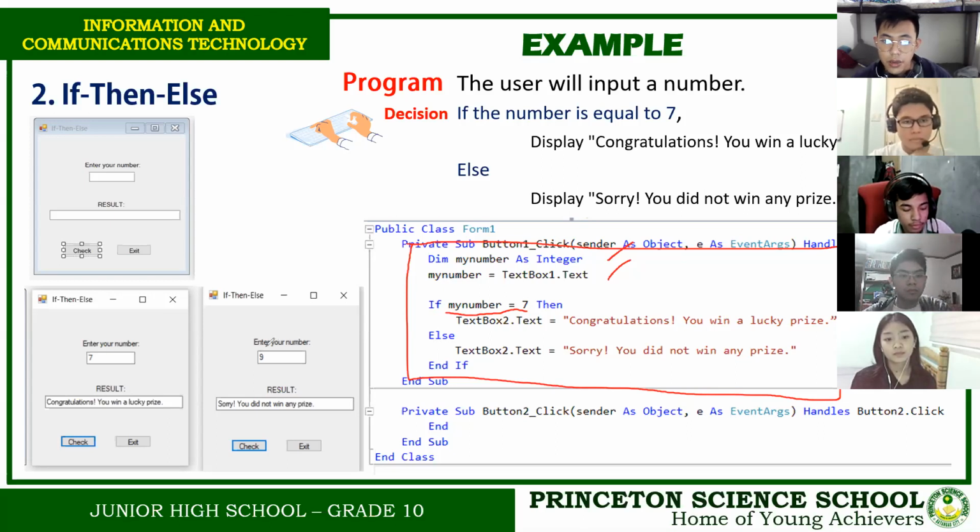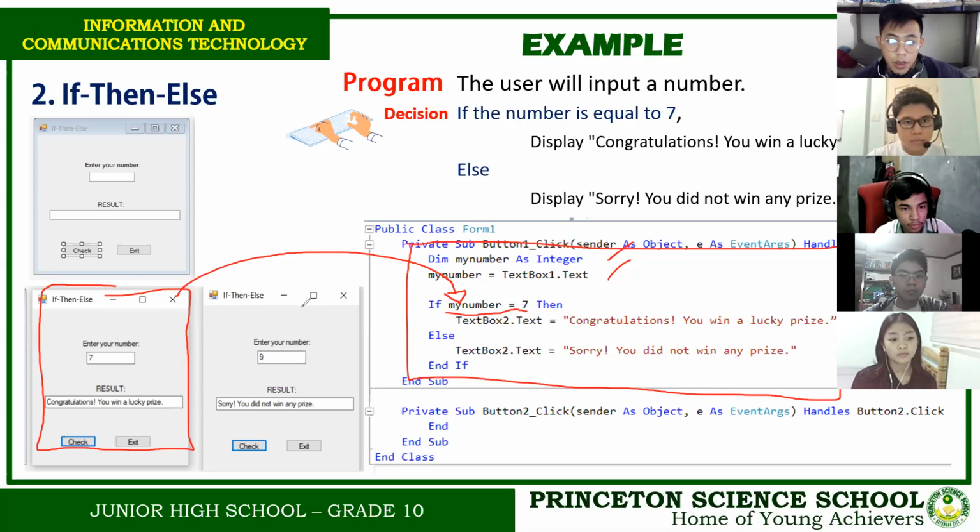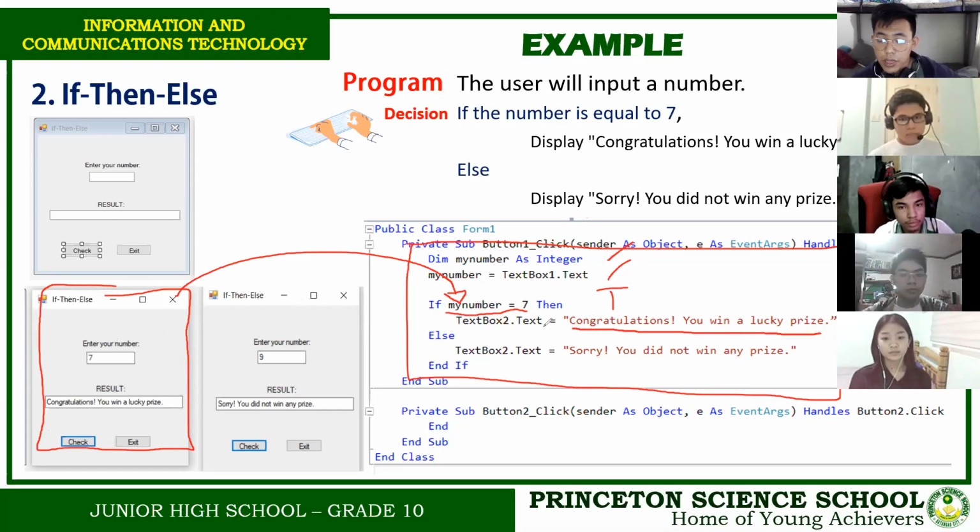Looking at our example here, the input was 7. Looking back at our condition, the number the variable is looking for is 7. So the value here is going to be true, thus displaying our first VB expression.